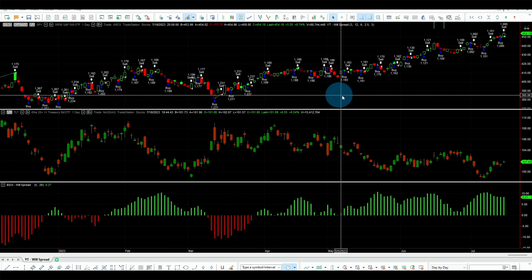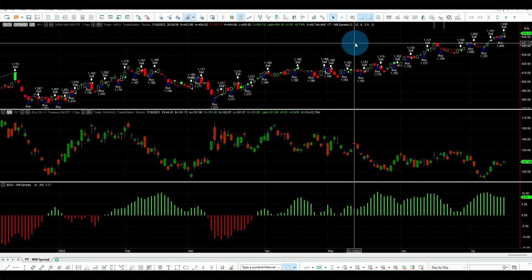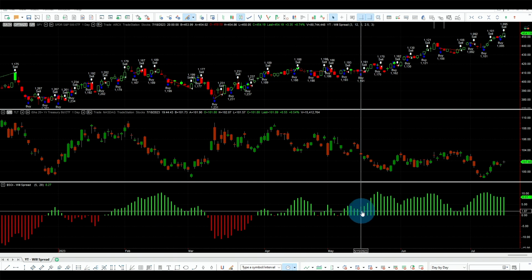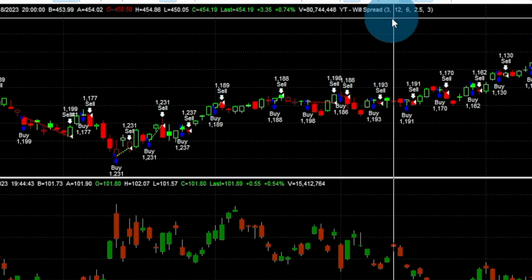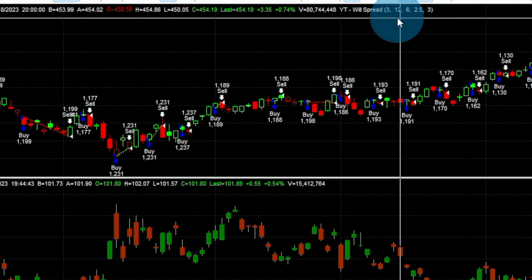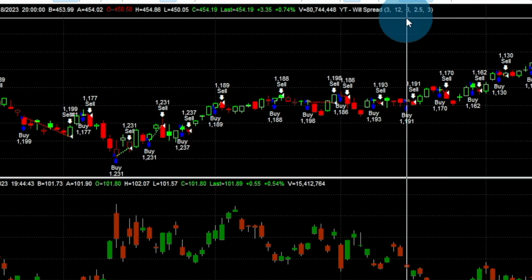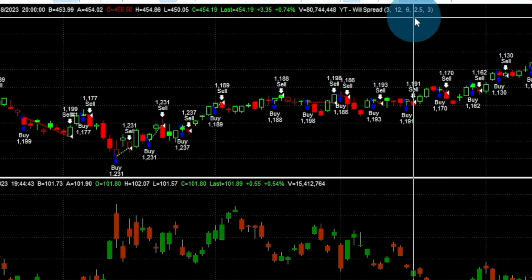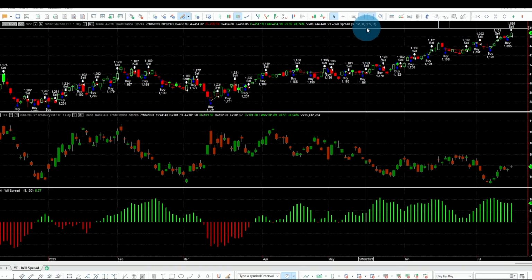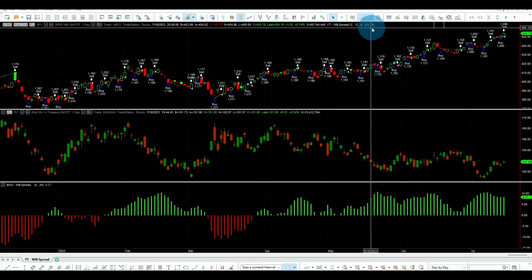Now I am buying every Monday and exiting the same way, with either number of bars, stop loss, and profit target. I'm using for Wool Spread the 3 exponential moving average as fast and 12 exponential moving average as slow, exiting after 6 bars, 2.5 ATR as stop loss, and 3 ATR as the profit target.